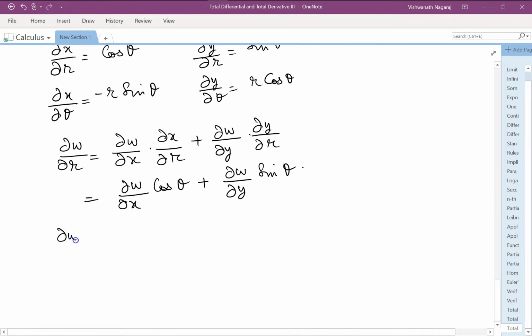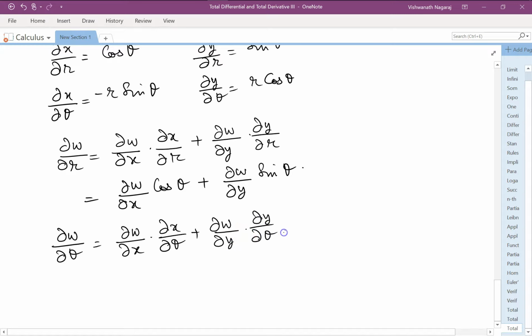Okay, now ∂w/∂theta is going to be ∂w/∂x times ∂x/∂theta plus ∂w/∂y times ∂y/∂theta. Now ∂w/∂x times ∂x/∂theta is minus r sin theta plus ∂w/∂y. ∂y/∂theta is r cos theta.